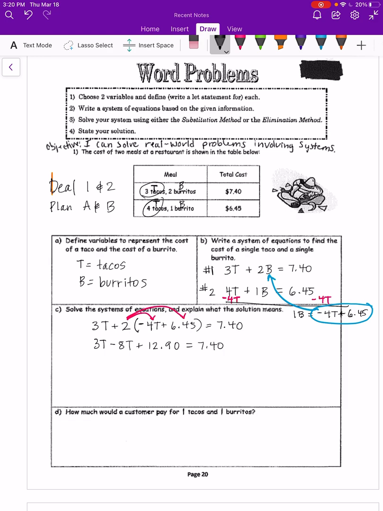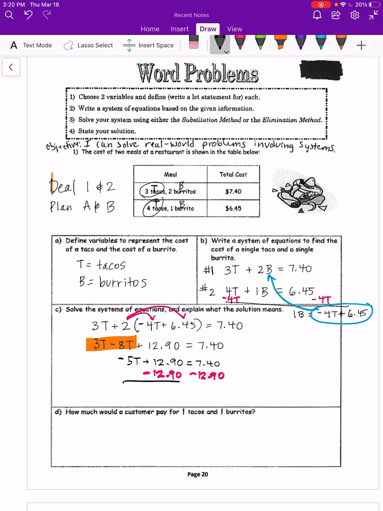So now I'm going to combine some like terms because they're on that side and I can combine them together. So 3T minus 8T is negative 5T plus 1290 equals 740. I'm going to subtract 1290 to the other side. So subtract 1290, subtract 1290.